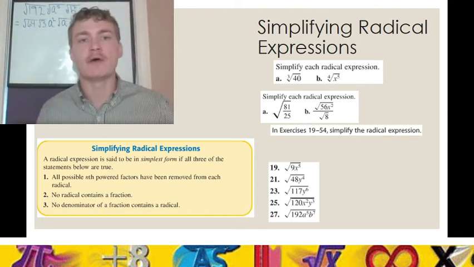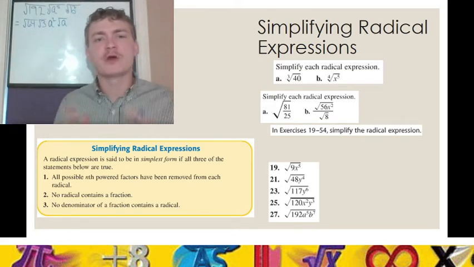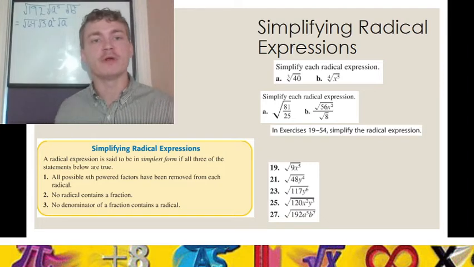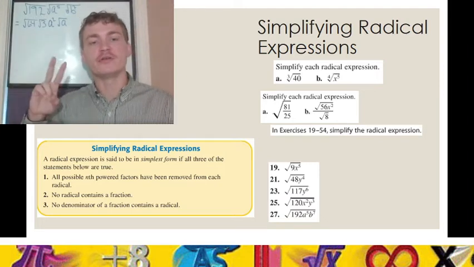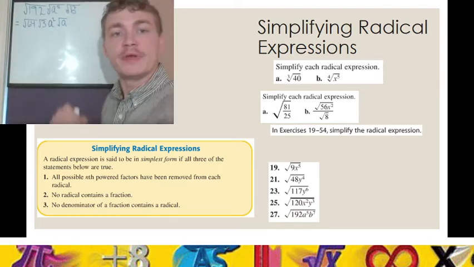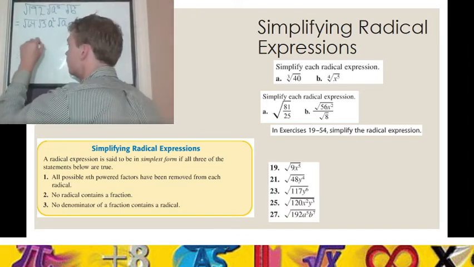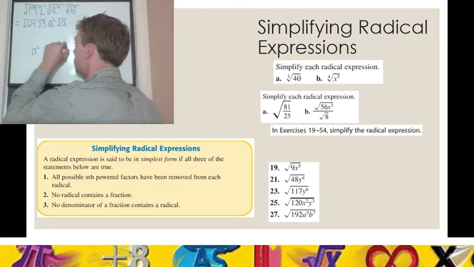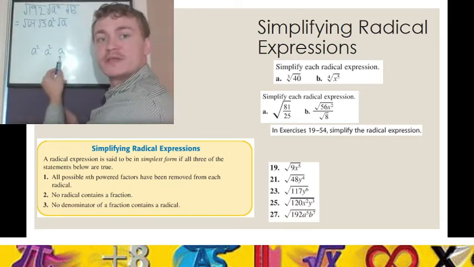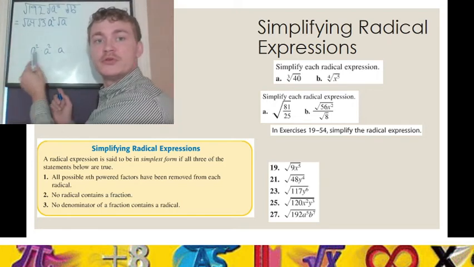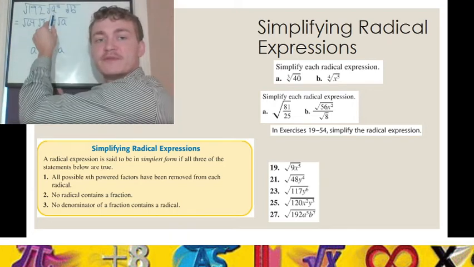So for a to the 5th power under the square root, it says how many perfect squares live underneath our radical for a to the 5th power? 2 factors of a. There are 2 factors that are perfect squares because a to the 5th power is a squared times a squared times a. 2 plus 2 plus 1 is the 5 factors of a.